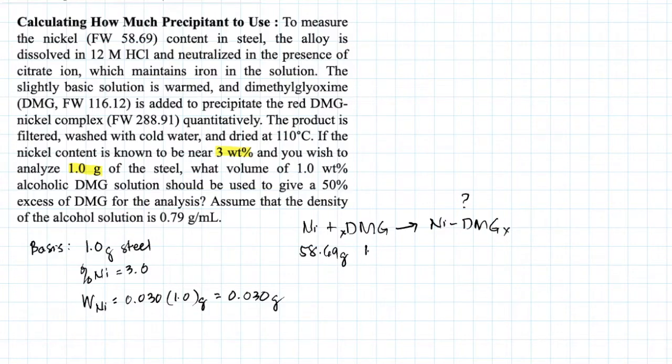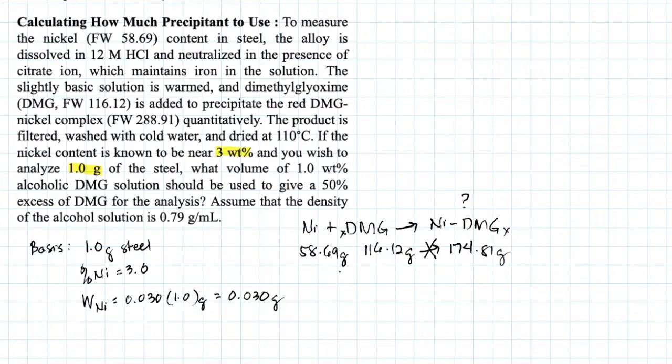So this will be plus 116.12 grams, and it will give us around 174.81 grams. Now, the complex is about 288.91 grams per mole. So, this is not the correct formula.